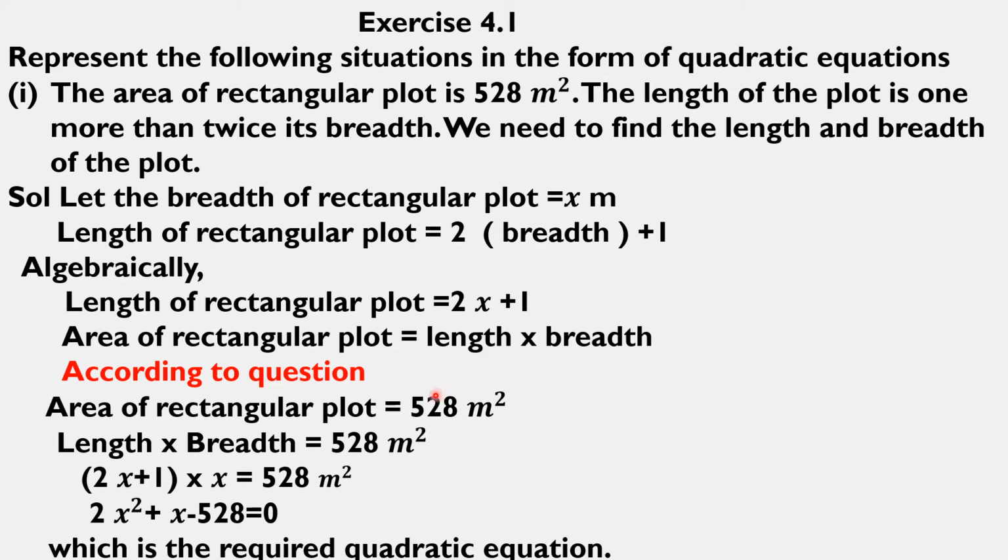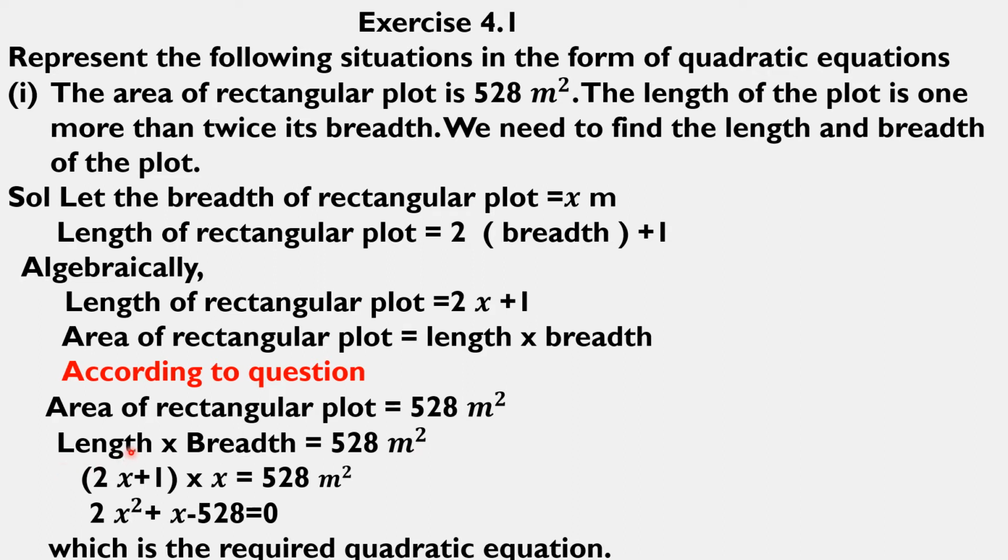Now as we know, the area of a rectangular plot is equal to length into breadth. In the question it is given that the area of the rectangular plot is 528 meters square. So length multiplied by breadth is equal to 528 meters square.